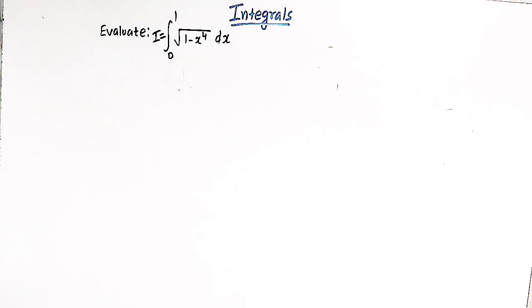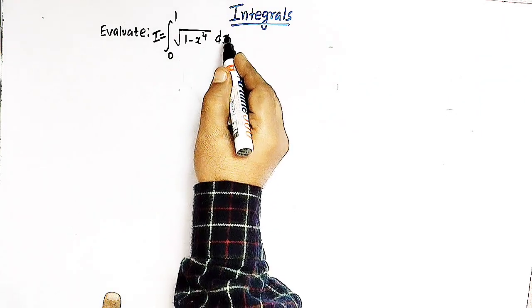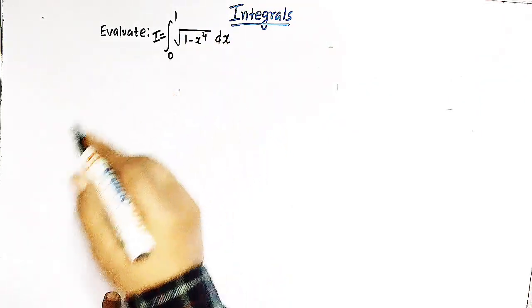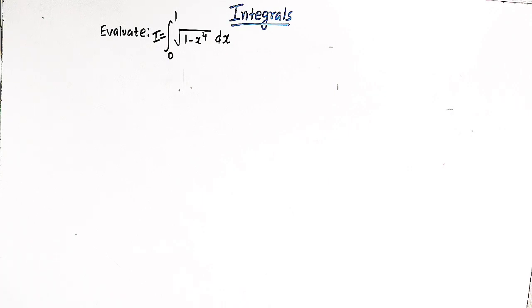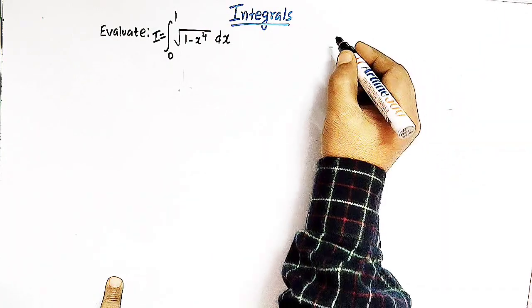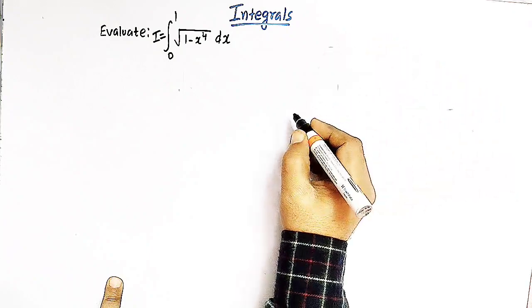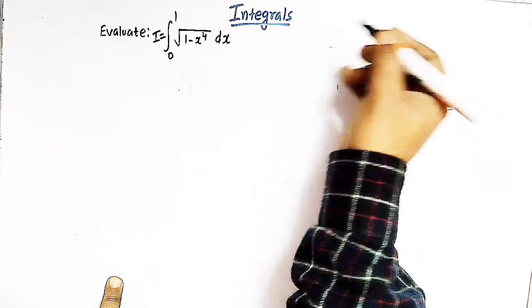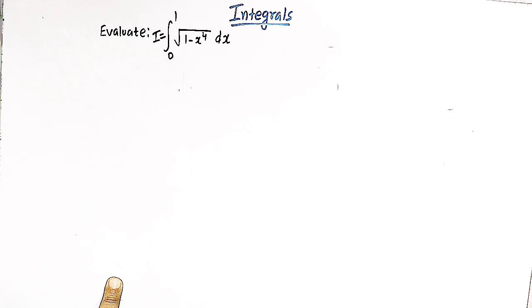And here let us briefly see the important results from beta and gamma functions which are going to be used while evaluating this integral. So here we are going to make use of the definition of beta integral, which is also known as beta function or Euler's integral of first kind, right?